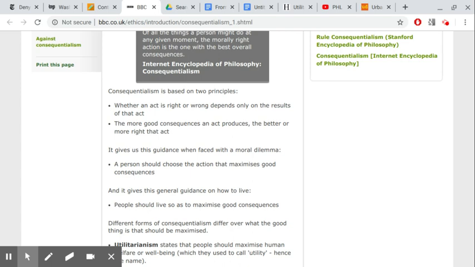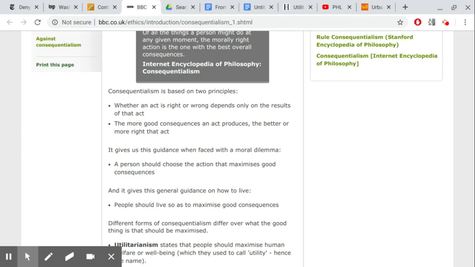And I really am of the belief that we're all familiar with Kantianism too, that it is kind of built into our way of looking at the world. But in a more obvious way, perhaps, consequentialism and utilitarianism, which is really the only form of consequentialism that we'll be looking at, is also built into our way of looking at the world.